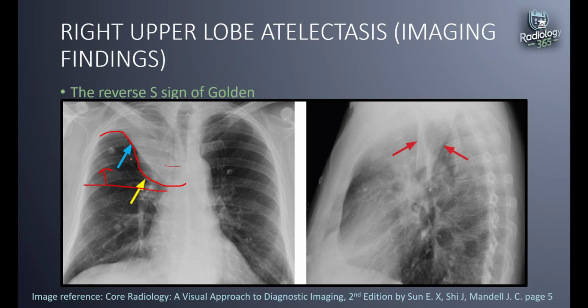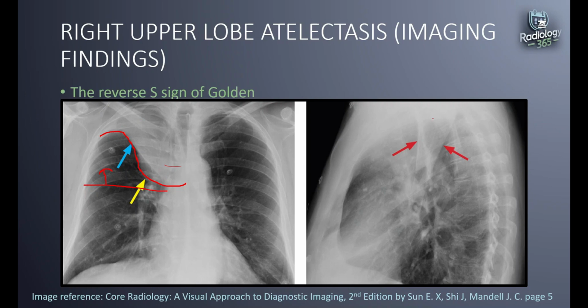And this curvature down here could represent the outline of the mediastinal mass compressing on the upper lobe bronchus. And of course, not to mention the triangular opacity in the upper lobe, right?